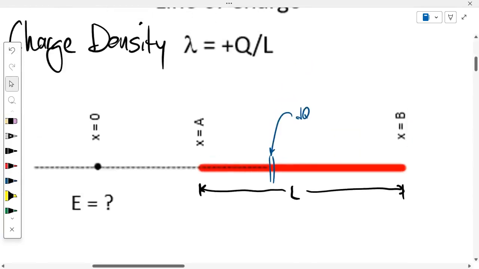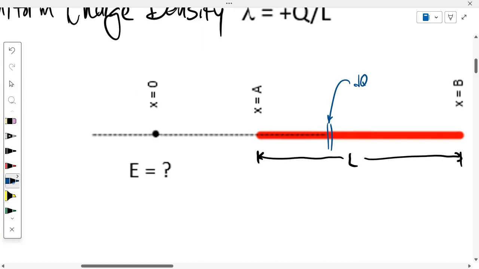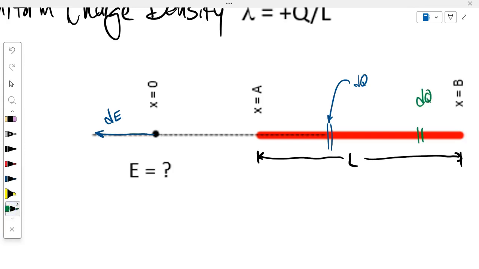We are assuming this stick is positively charged, so that dq has an infinitely small contribution to the total field at the origin, that we call dE. There's another dq here, and that has also a contribution that is smaller.